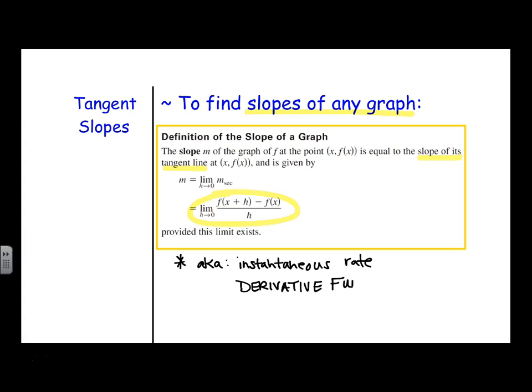And the more important wording, you say it's the derivative function of f of x. And the derivative function of f of x has a special notation: f prime of x, which is also known as f apostrophe of x.